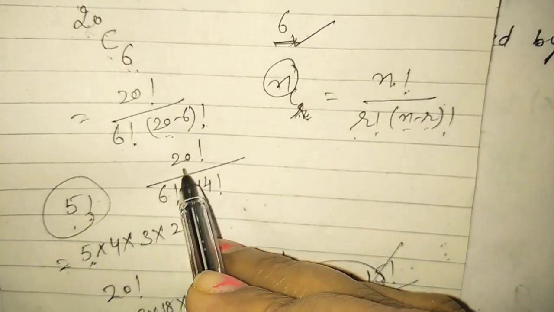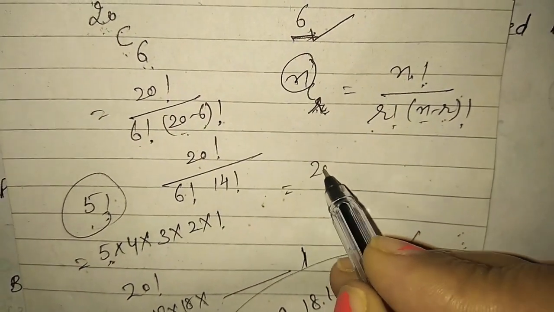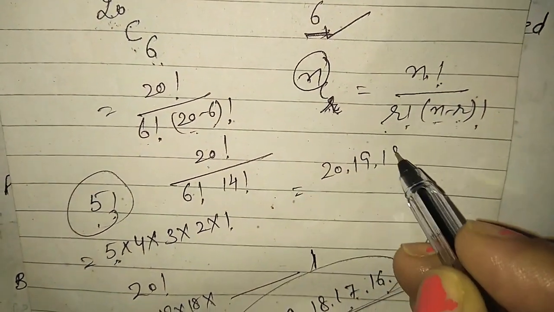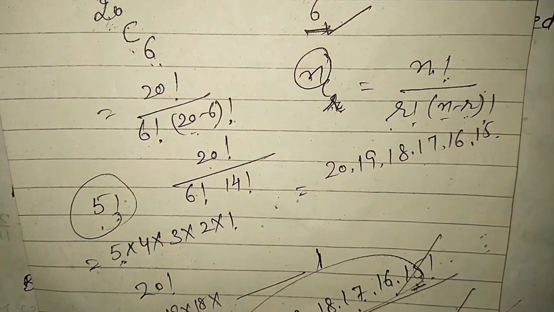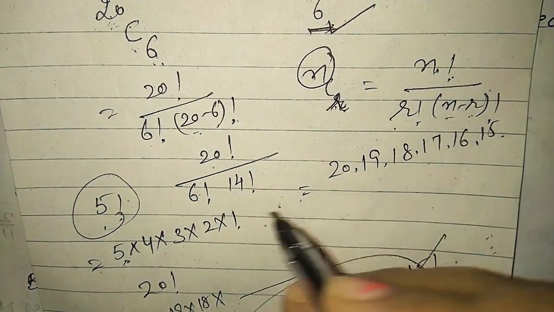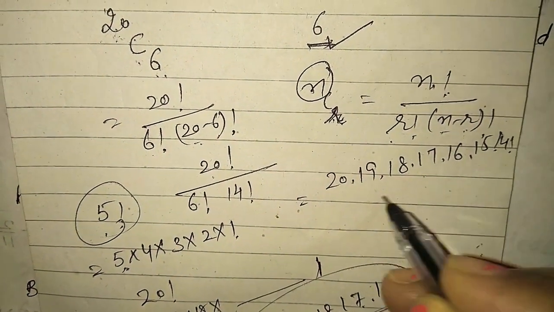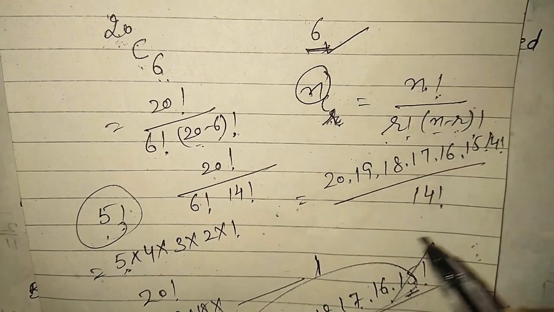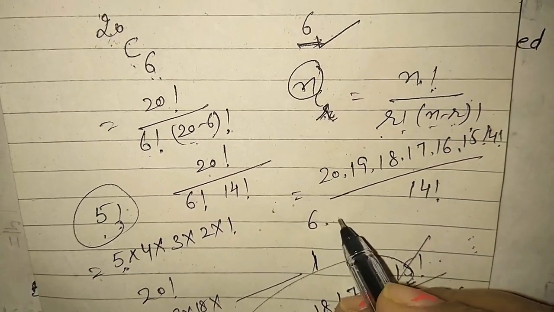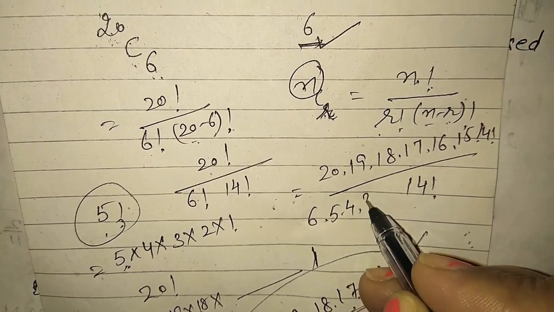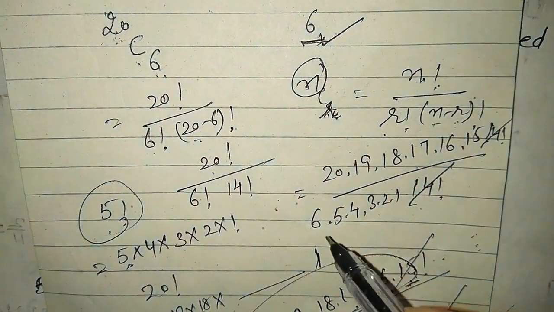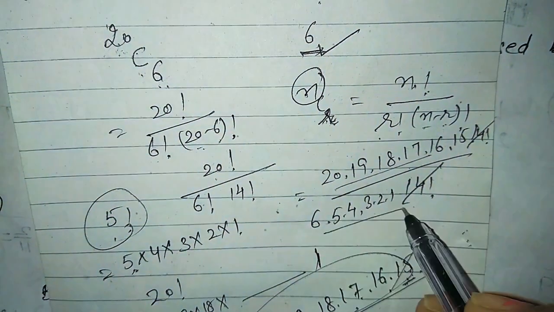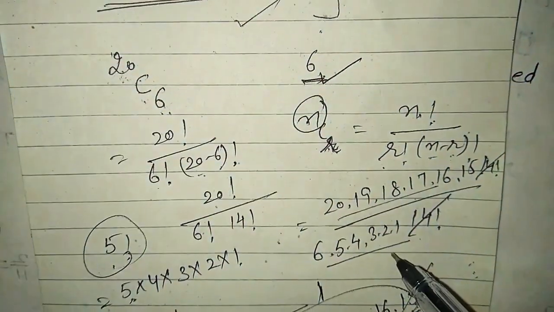We take 20 factorial as 20 into 19 into 18 into 17 into 16 into 15 into 14 factorial, but we write it only up to 14 factorial. The denominator is also 14 factorial, and 6 factorial is 6 into 5 into 4 into 3 into 2 into 1. The 14 factorial cancels with 14 factorial, and we cancel the remaining numbers and get the answer.